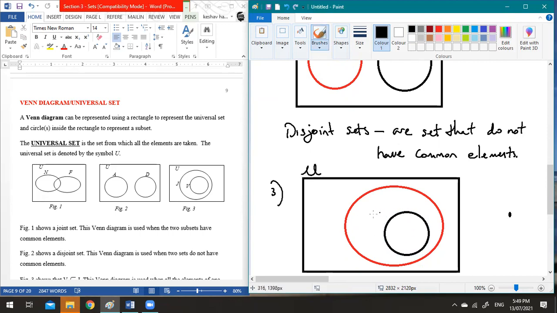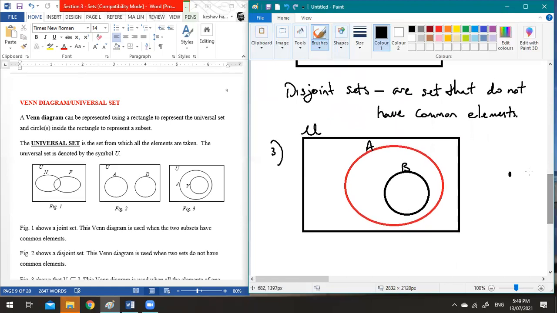So again, the universal set, and we have set A and set B, right? Since B is within A, we call B a subset of A. So in this case, A is a larger set and B is a smaller set.